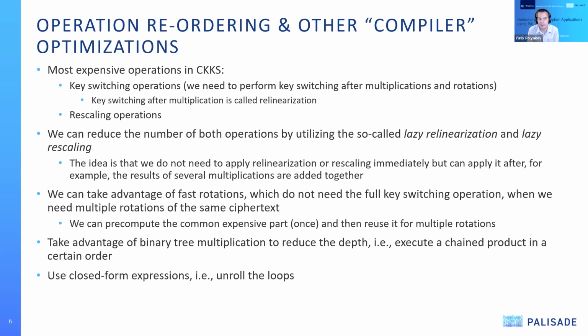We certainly used this technique heavily for both the chi-square and logistic regression training solutions. And just yet another example is that, as we discussed previously, rotations are quite expensive, and sometimes we can replace them with fast rotations. Sometimes we can replace a certain rotation with a summation over a vector and use additions, which are very cheap, instead of rotations. So these are the various considerations that I would basically call compiler-like.